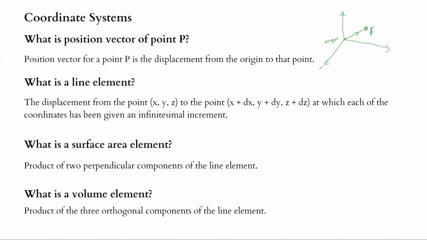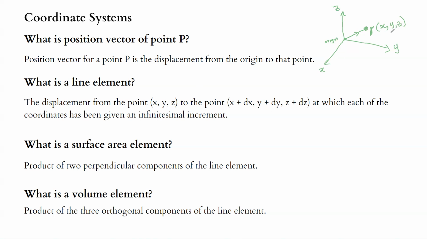If we are considering the x, y, z Cartesian coordinate system, then the position vector will be defined based on the x, y, and z parameters. These x, y, z values can vary depending on the location of the point. Depending on the coordinate system we select, the parameters that we use to define the position also vary.